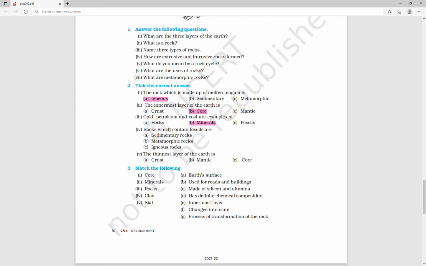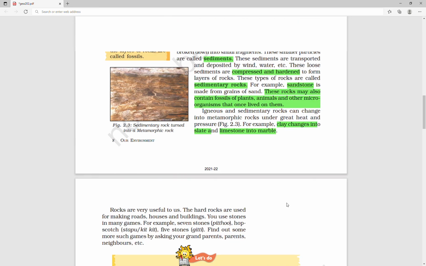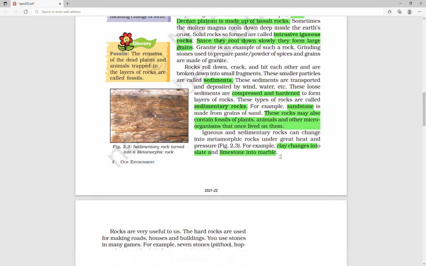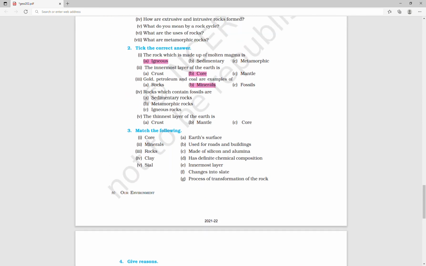Rocks which contain fossils. Which are the rocks which contain fossils? Here we have it. These rocks may contain fossils of plants. They are sedimentary rocks. Understood? The thinnest layer of the earth, we learned in the beginning of the chapter.